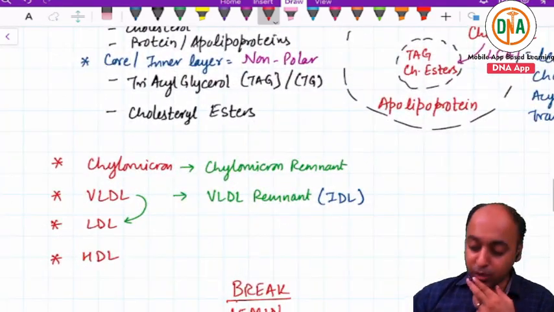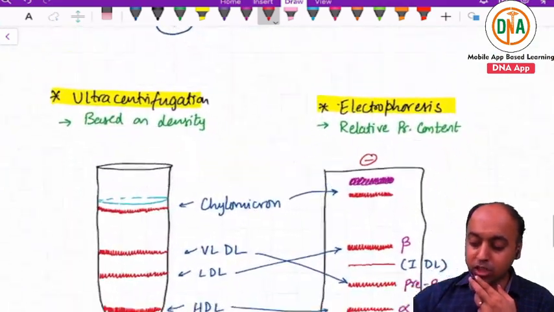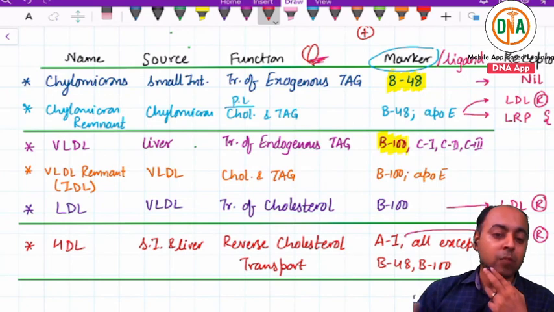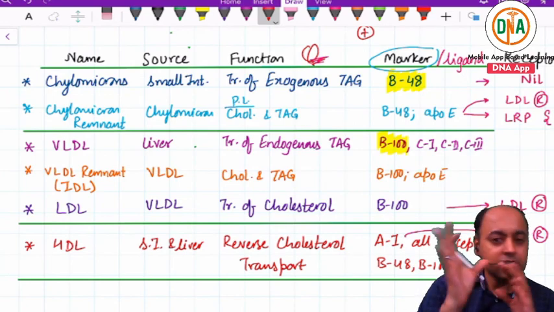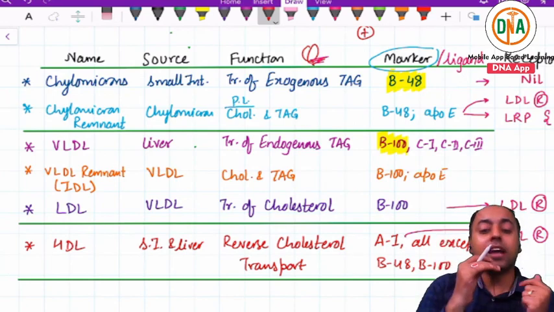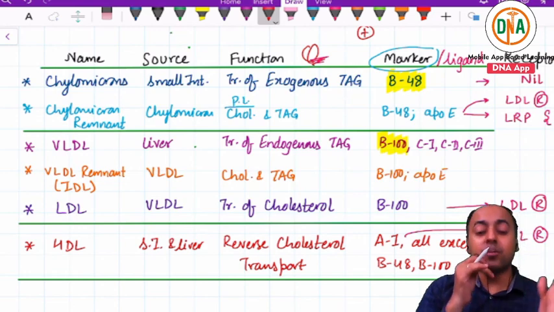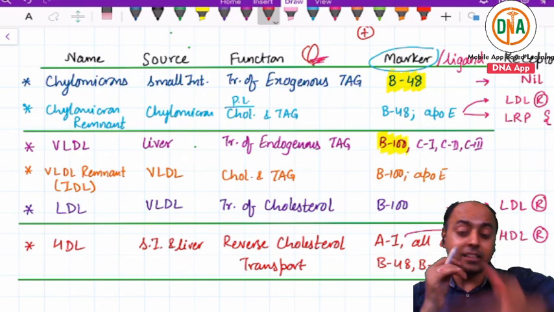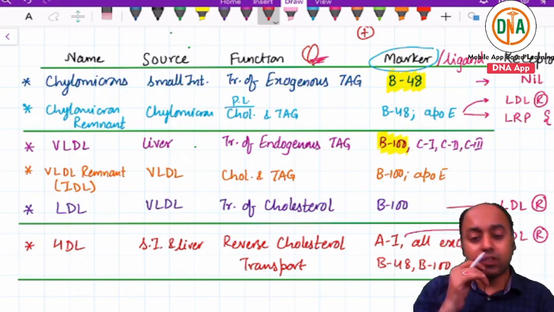If it is a 5 mark question, then you have to mention about separation and the table also. So depending on marks, if it is a 2.5 mark question, just the structure of the lipoprotein and the different types of lipoprotein. If it is a 5 mark question, then structure of the lipoprotein, separation of the lipoprotein, and this table that we have drawn.